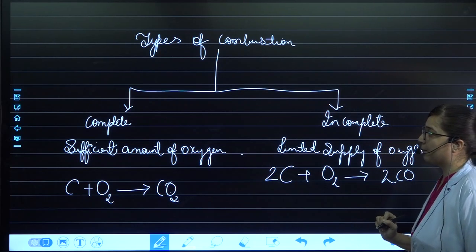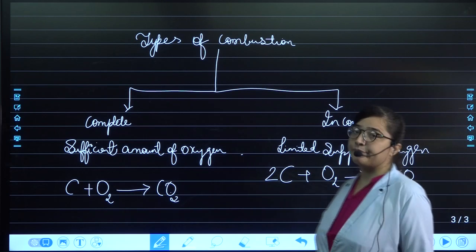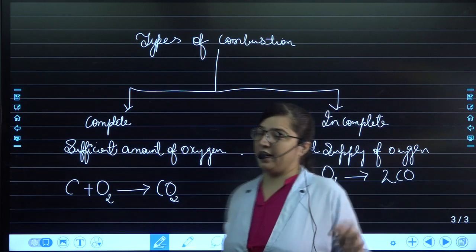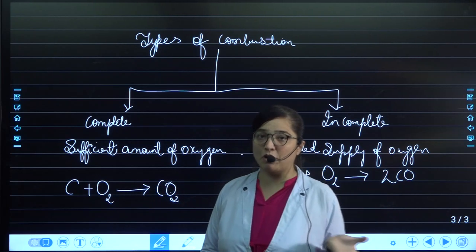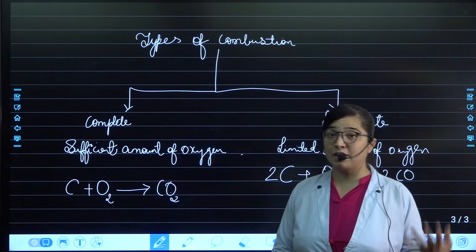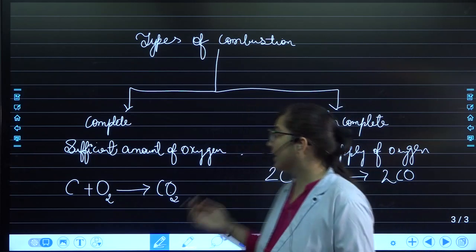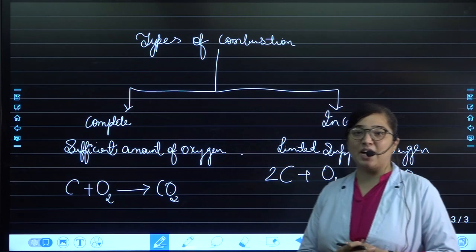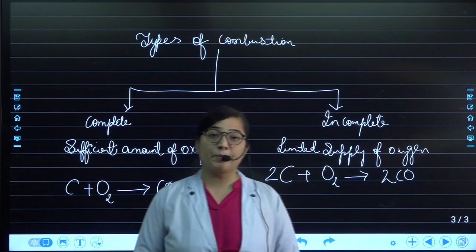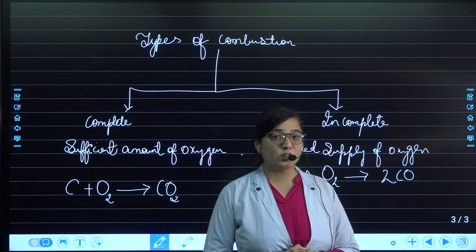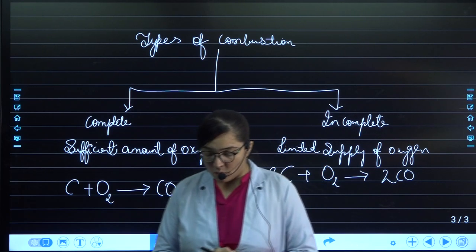Okay, so we came to know today about many types of combustion: explosion, spontaneous combustion, rapid combustion, slow combustion, and complete and incomplete combustion. So this is how we complete our topic of combustion, and let's move further on to flame. What is flame?